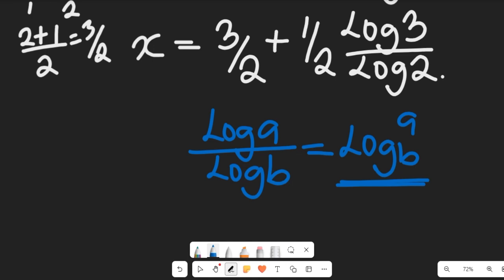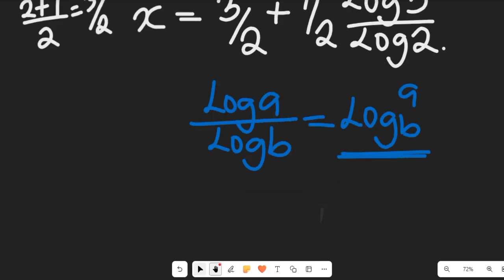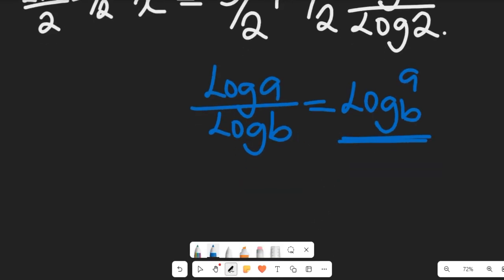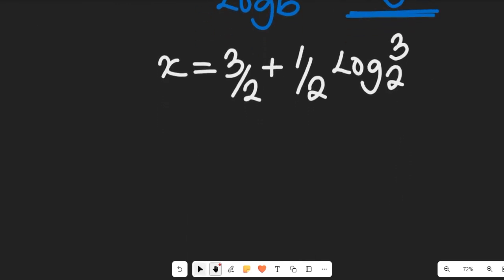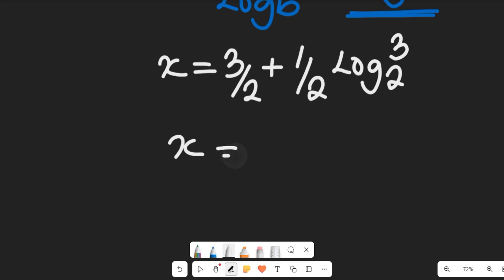So if we apply that over here, that expression will now give us the value of our x to be equal to 3 divided by 2 plus 1 divided by 2 log of 3 base 2.